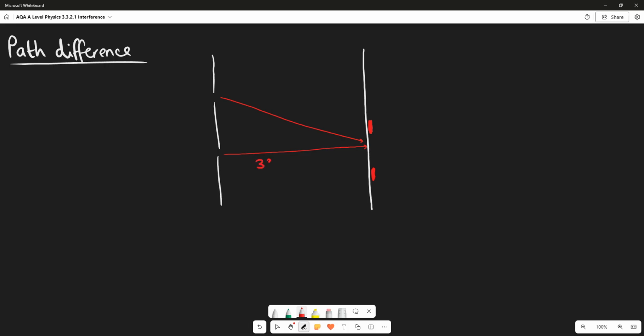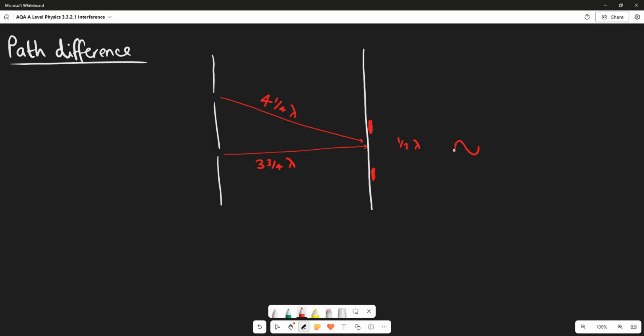It was 3 3/4 wavelengths, and this path was just over 4 wavelengths. It was 4 1/4, and the difference between those two numbers is a half a wavelength. So they were arriving half a wavelength out of phase because this one at the top had travelled further. The path difference was half a wavelength, so they were arriving out of phase doing the opposite thing.